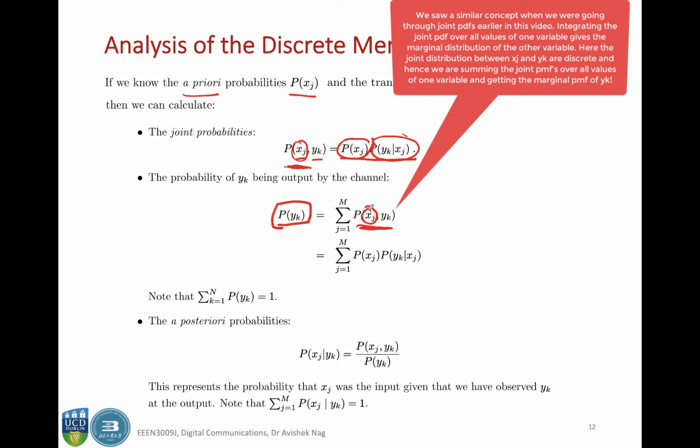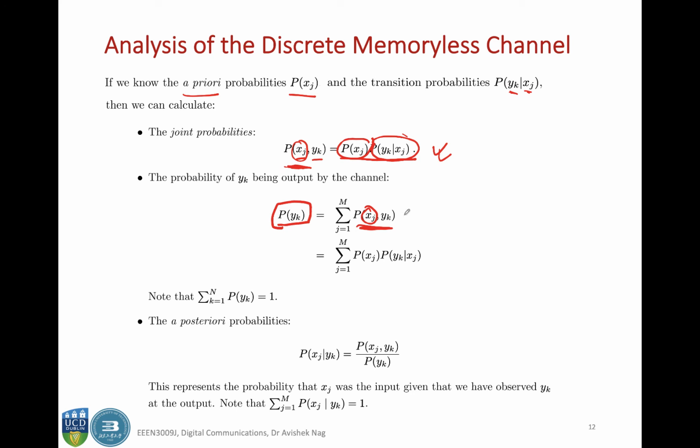So you replace the joint probability of xj comma yk with the probability of xj times the probability of yk given xj, and the same summation is here.